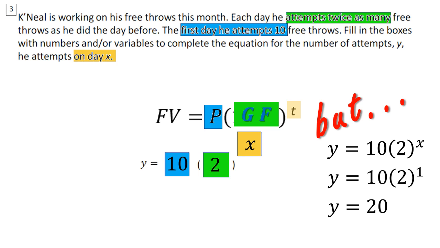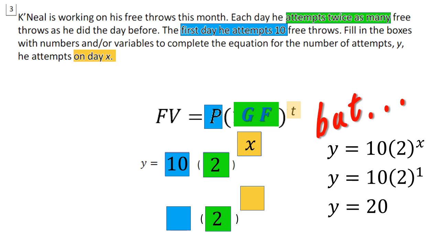There are ways to fix that. Sometimes you'll see that exponent changed around to make it an x minus 1 exponent. Other times, and my favorite thing to do is that 0. But the other thing to do to fix it is to keep the 2 the same and the x the same, but change that starting number.